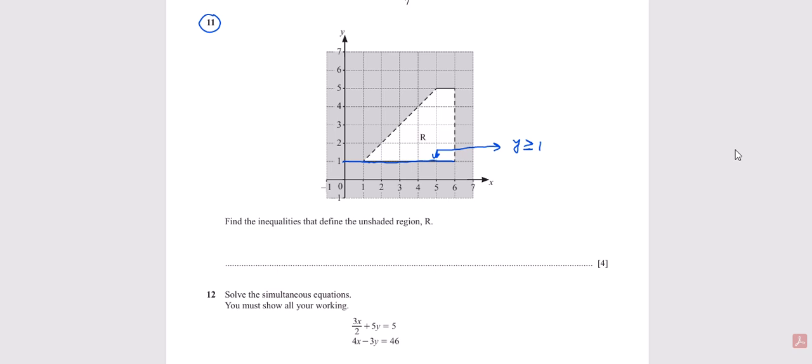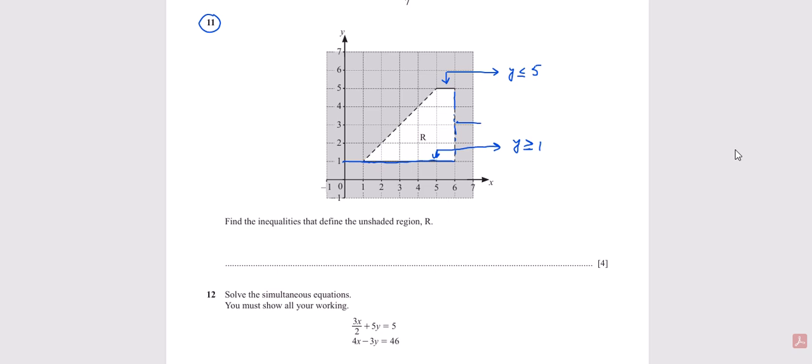Okay, and now look at this line. This one is y, which is less than or equal to 5. And the shaded region will always be less than or greater than, not equal to.